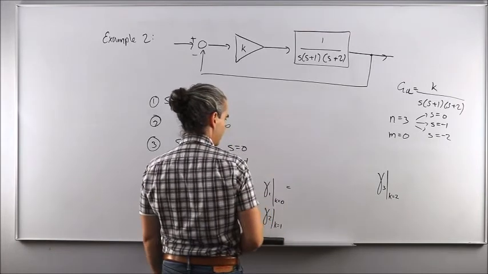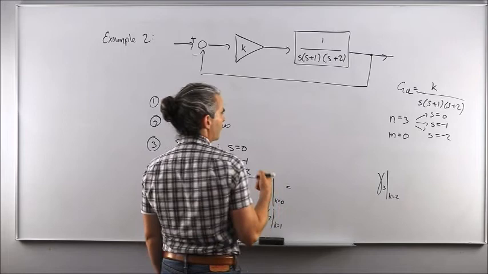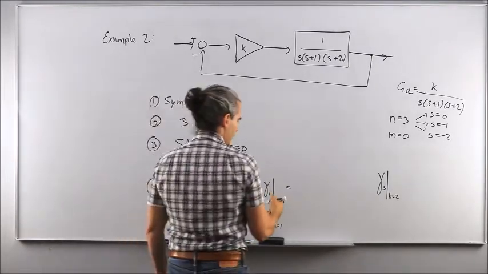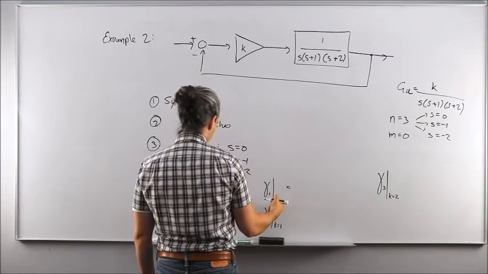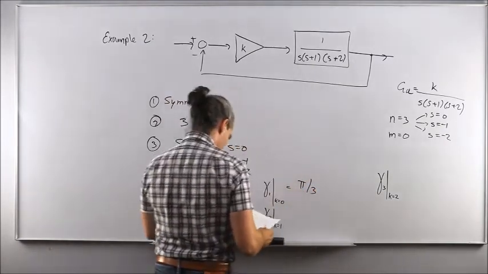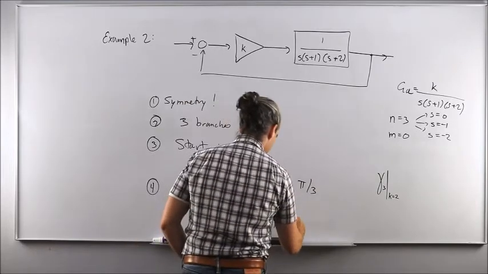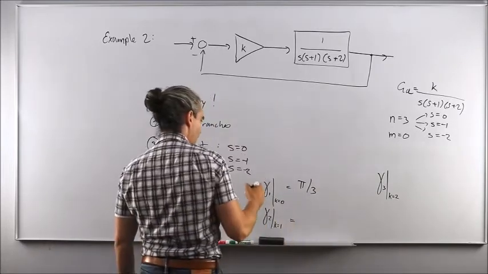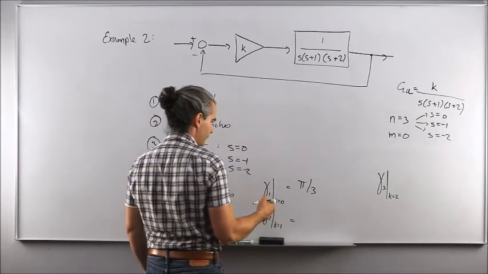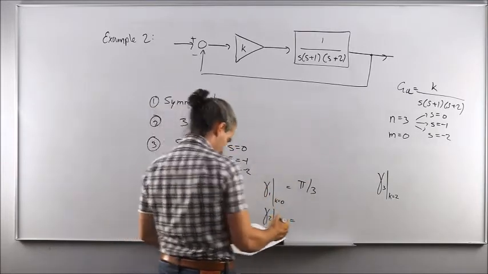So remembering the equation, we have 1 minus 2k over n minus m, 1 minus 0 over 3 gives me pi over 3, or 60 degrees. For the other one, 1 minus 2 times 1, so that's minus 1 over 3.